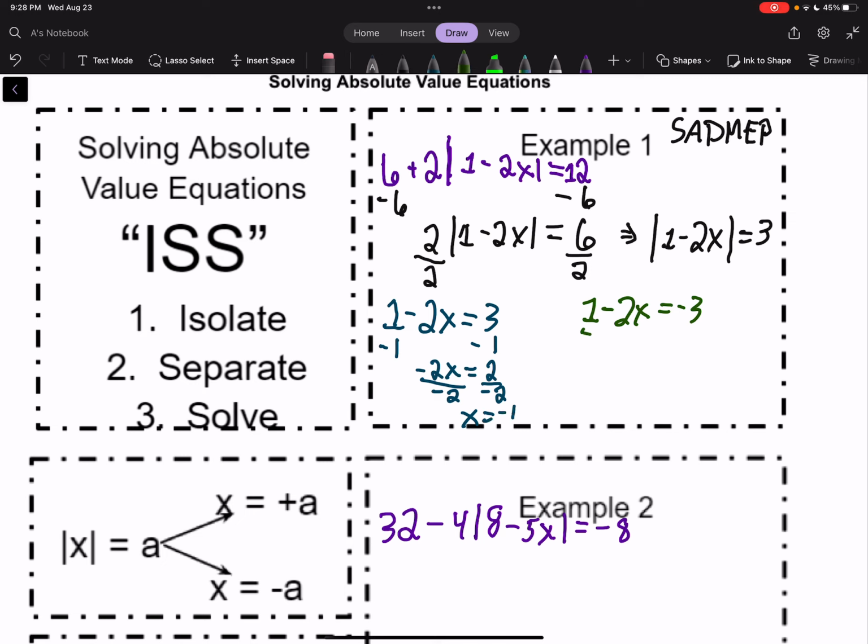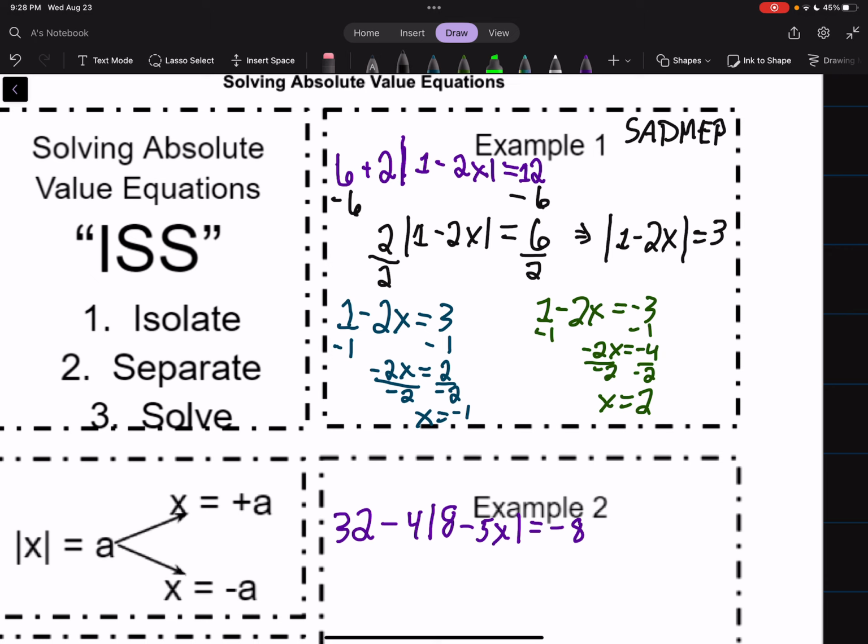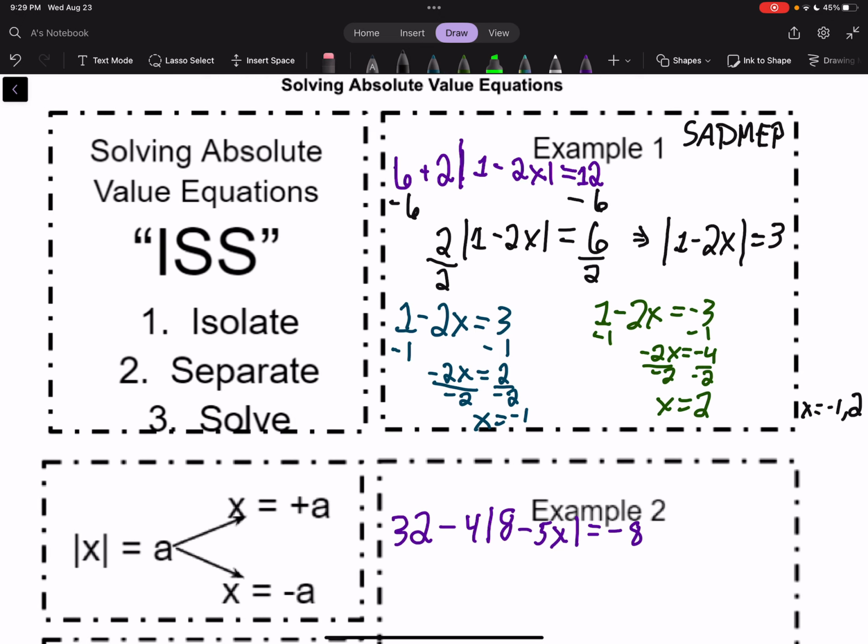The one on the right, same operations. And we get x is equal to positive 2. Those are your 2 answers for this absolute value equation. I do want to point out this answer can also be written as x equals negative 1 comma 2. Just so you know, you can see it in either way.